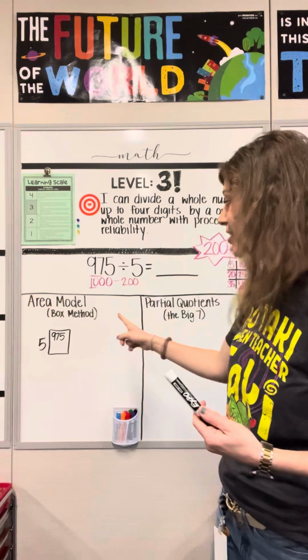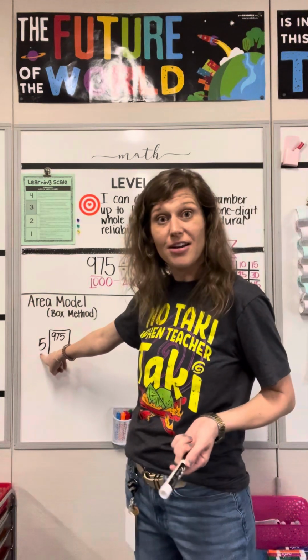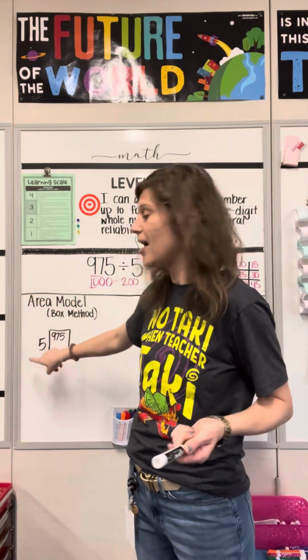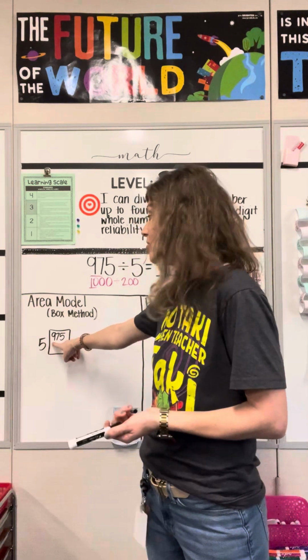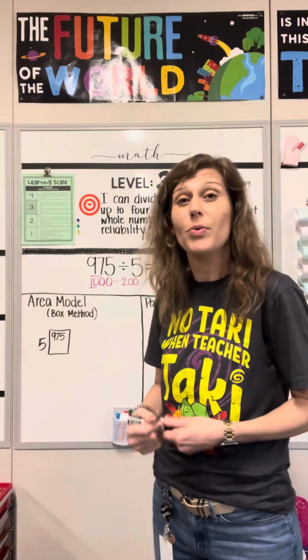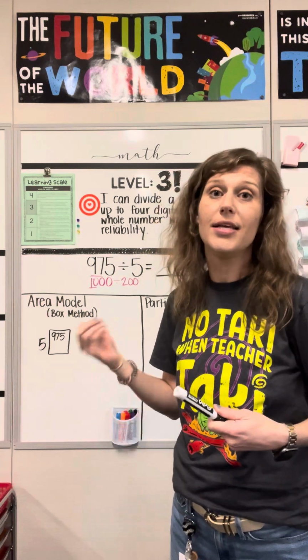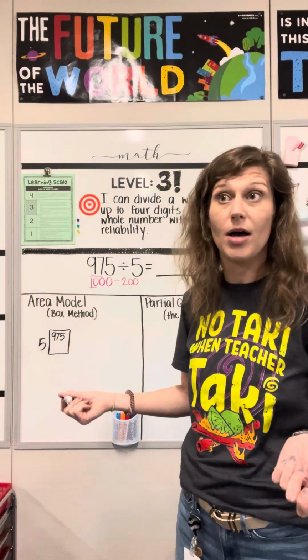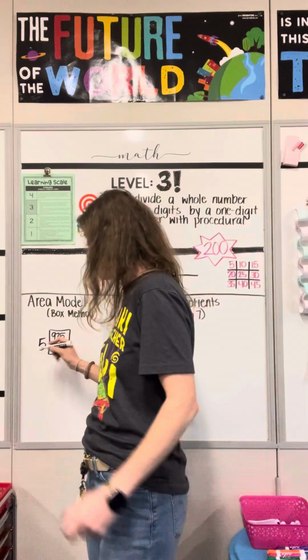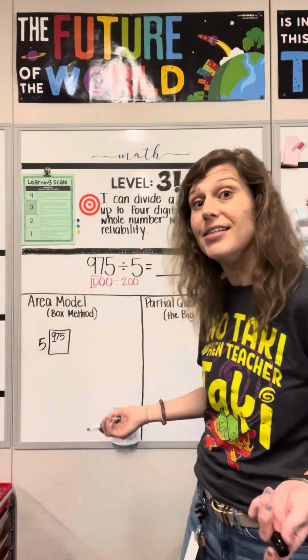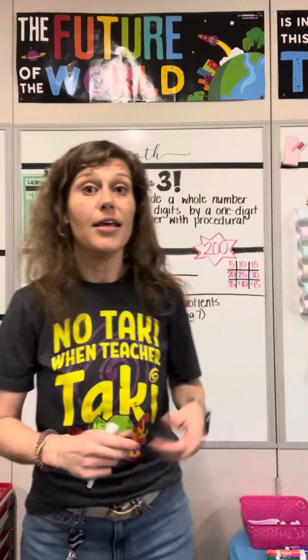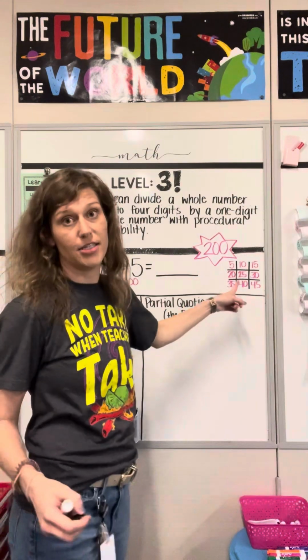We're going to start looking at our 5 here, and we're going to see how many times that 5 can go into 9 without going over, because division is repeated subtraction. So we want to see how many groups of 5 we can take away from 975 all at once. So first, we're going to look and see 9. Is there a 9 on our tic-tac?